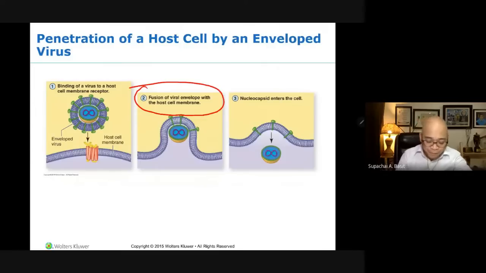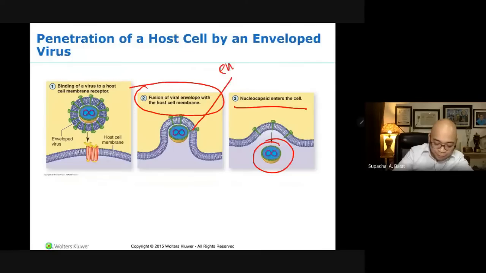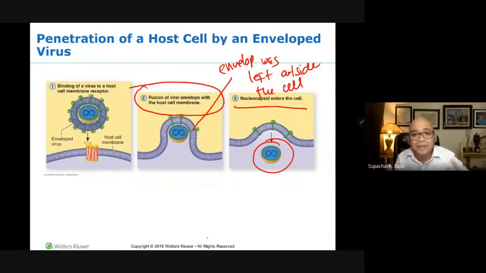Meaning to say, the virus will leave the envelope behind and only the capsid will enter the cell. So the envelope was left outside the cell. So the envelope cannot enter, but only the nucleocapsid will enter the cell. Okay? So this is for the envelope viruses.